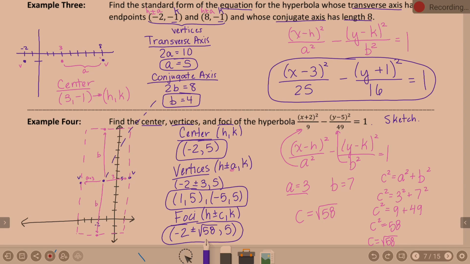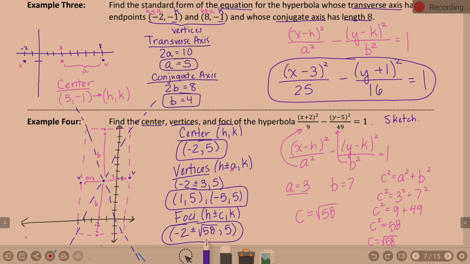So I've got one asymptote. One asymptote goes through the center and those 2 diagonals. And one that goes like that.